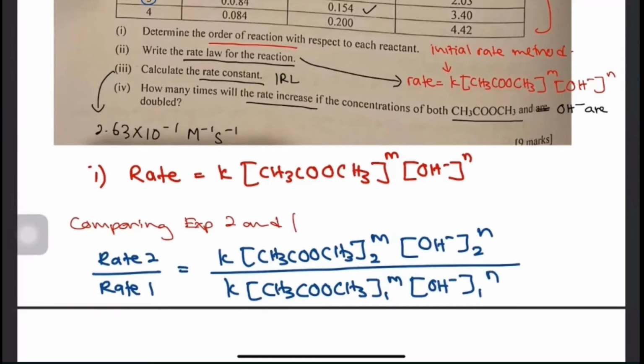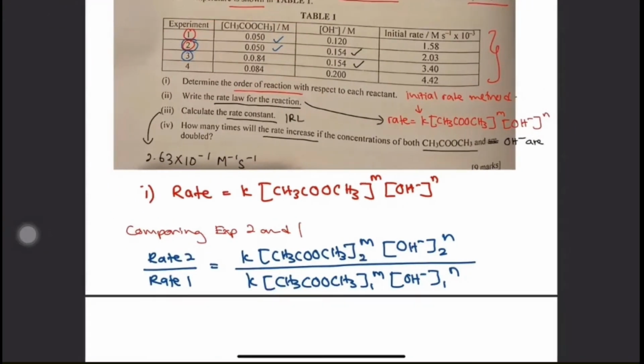All right. So now, since the concentration of CH3COOCH3 is the same, we can cancel that. And the value of k will also be the same.